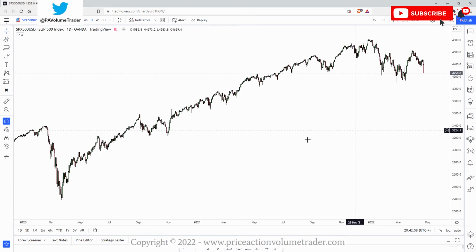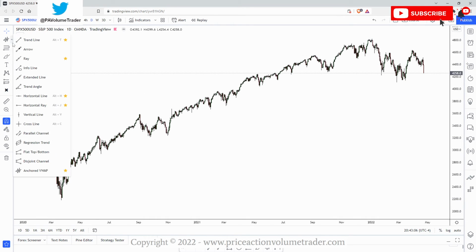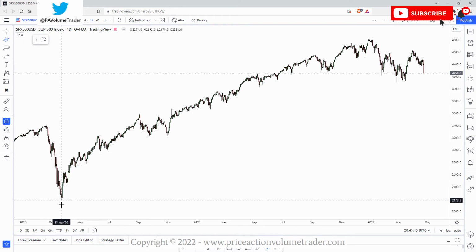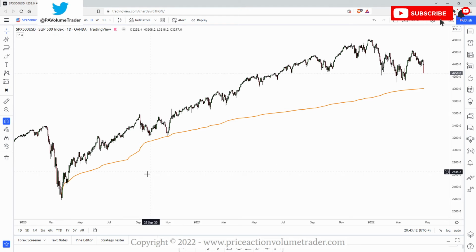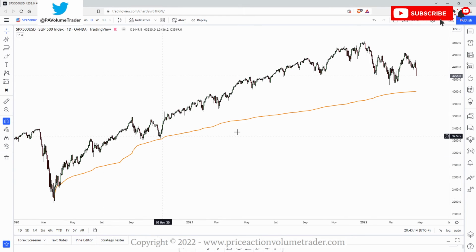Okay, so we have here, basically this was the COVID pandemic crash that we bottomed on March of 2020. So you just go to your indicator, select anchor VWAP, and then you can just put it here and it'll just throw you a VWAP going from whatever period you select all the way to the end.